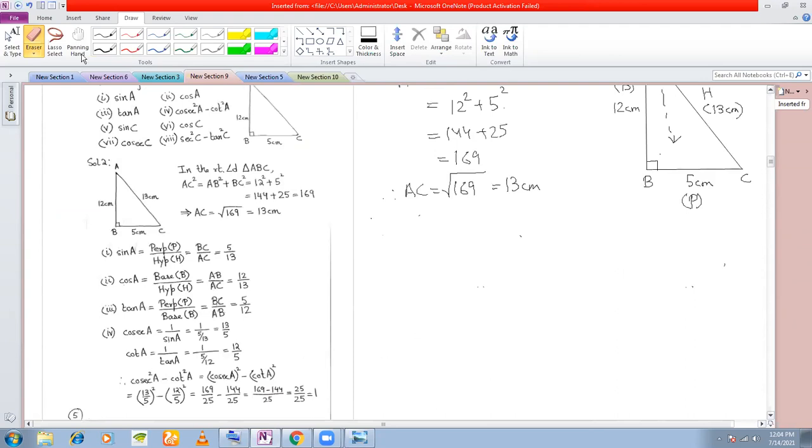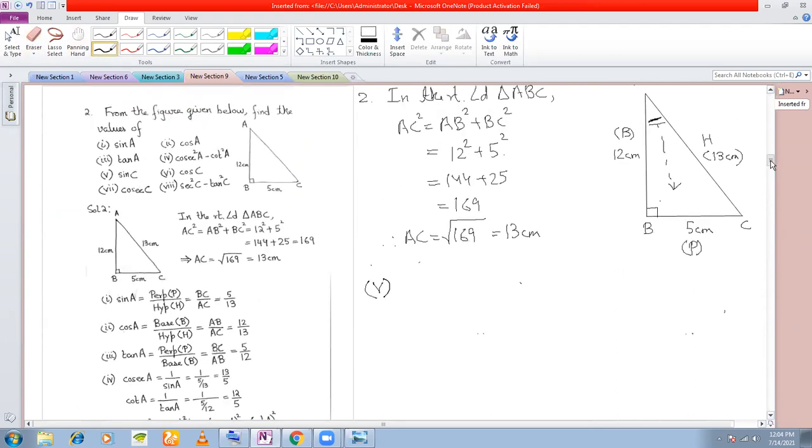So the fifth question here is find sine C. Now here you have to change your perpendicular again. Why? Because this is no longer the angle that we are talking about. Now we are talking about this angle, so this angle becomes theta because we have to find sine of C, right? That means this now becomes your perpendicular and this is no longer your base.